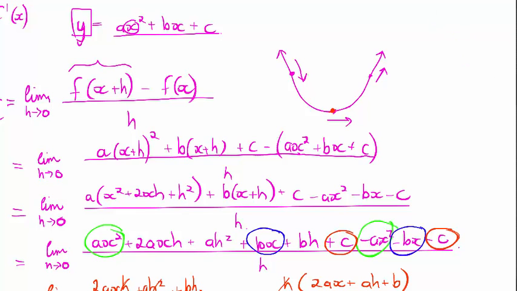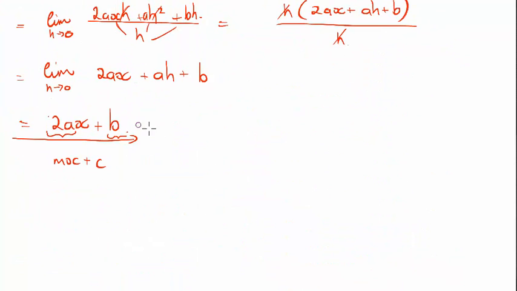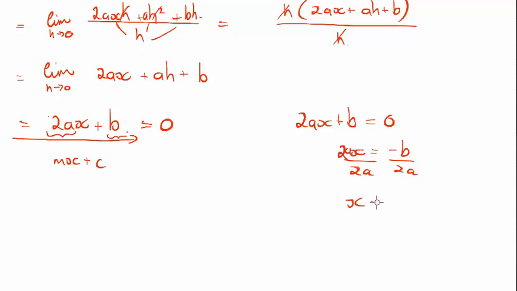Now look at how cool that is. Here I've got the gradient. If I make my gradient equal to 0, look what I get. 2ax plus b is equal to 0. 2ax is therefore equal to negative b, divided by 2a on both sides gives me that x is negative b over 2a.